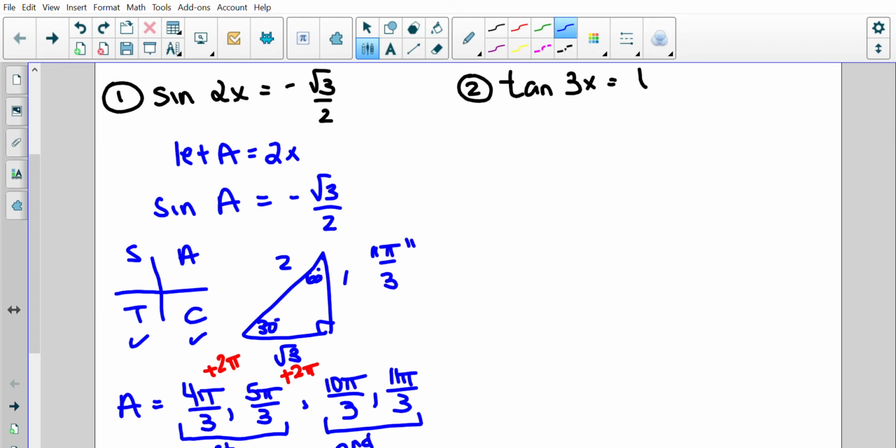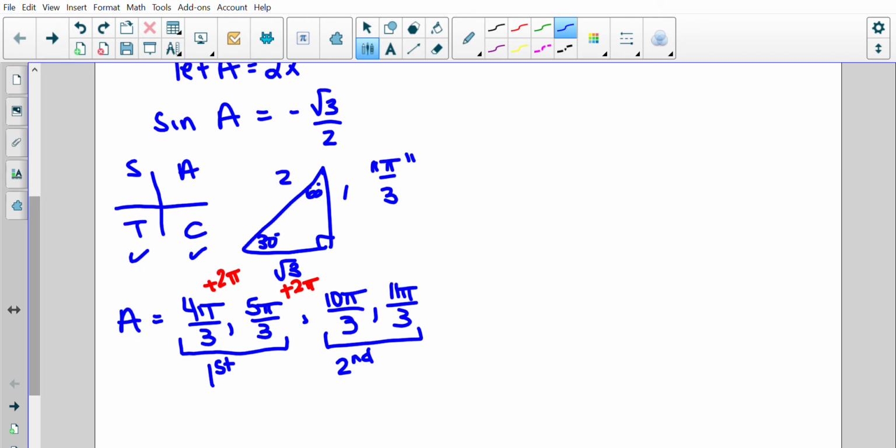Now it almost looks like we're done, except remember, what we just solved for is the variable A. But we don't want A, we want x. And remember, A was equivalent to 2x. So in order to solve for just x, you're going to consider it like an algebra problem. We want to get rid of the 2, which means we want to multiply each one of these angles by 1/2 or divide by 2. So I'm going to multiply each angle by 1/2.